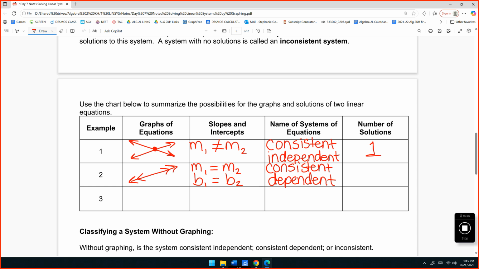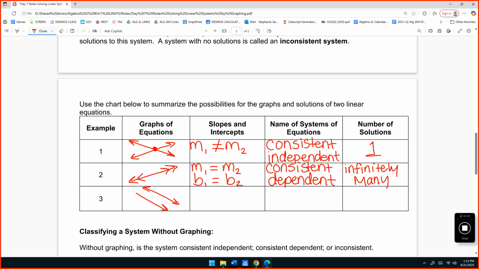And number of solutions, that one is infinitely many, right? And lastly, we had a couple of parallel lines, right?